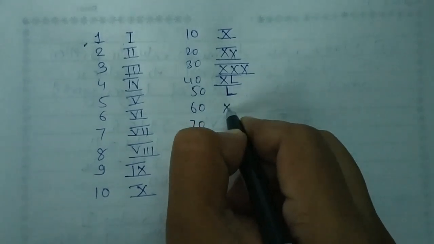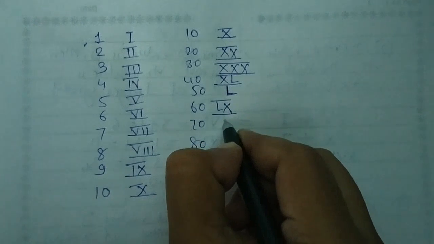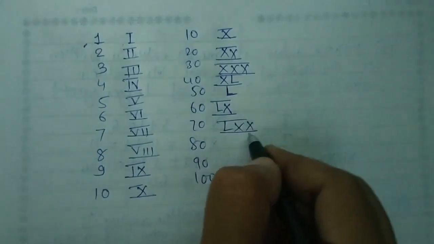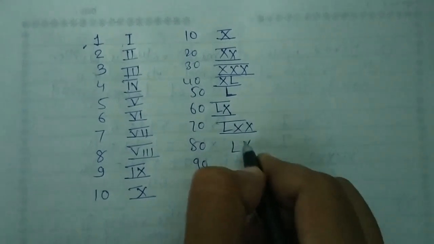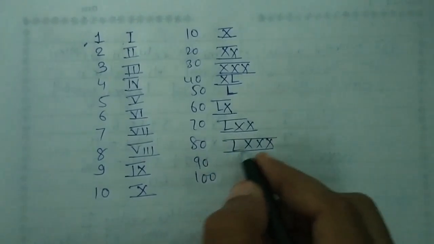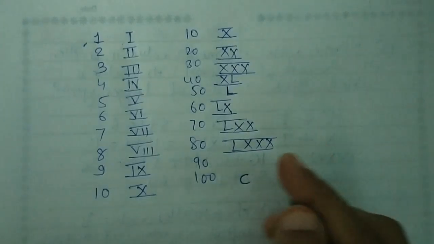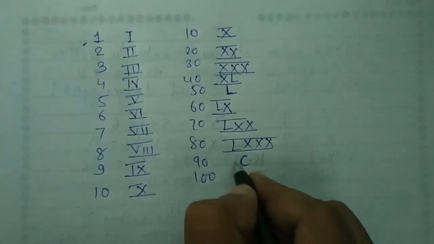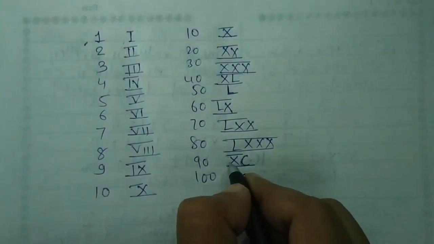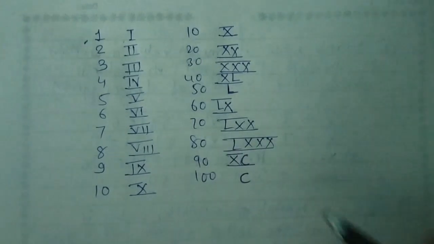For adding, write to the right side, LX. Then for 70, LXX. If I am writing on the right side, you can add it. Again 3 times you can write. Then for 90, write first 100, 100 is C. 90 is 100 minus 10. So C you can write, and here minus. For subtracting, write the lower value symbol to the left, and for adding you write to the right hand side.